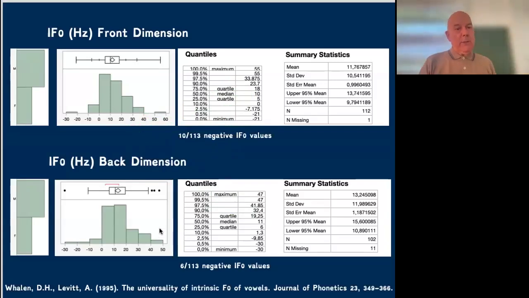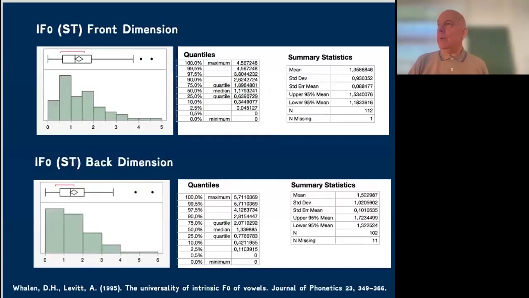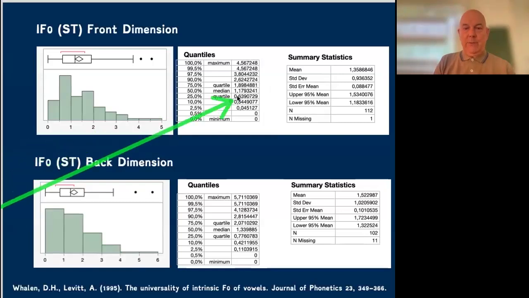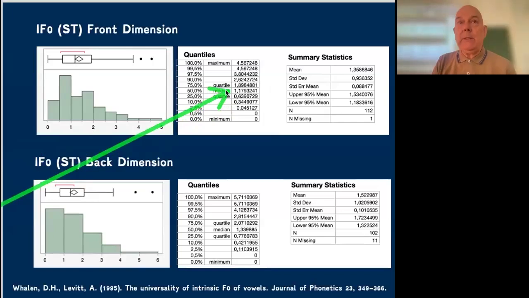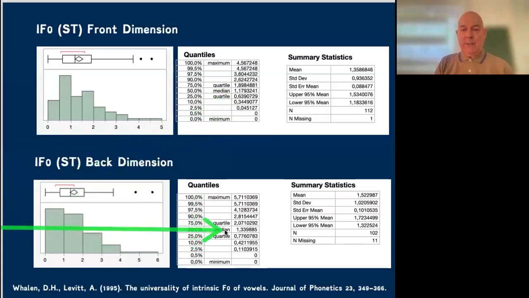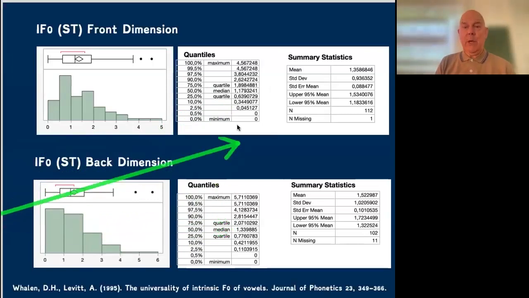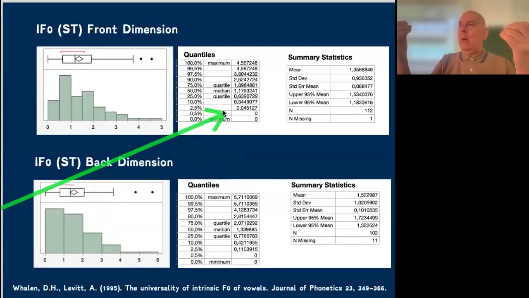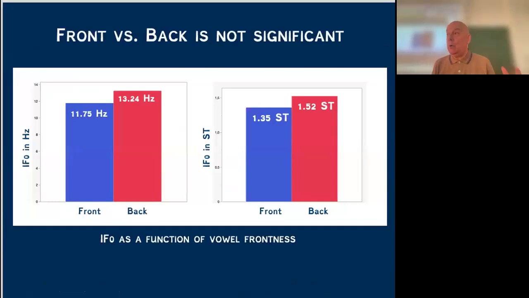If you convert that into semitones, these are the values. In the front dimension, you get 1.17 semitones difference, whereas in the back dimension it's somewhat bigger, in fact, with 1.33 semitones. So overall, generally speaking, a small difference between front and back vowels, in fact one that is statistically not significant.